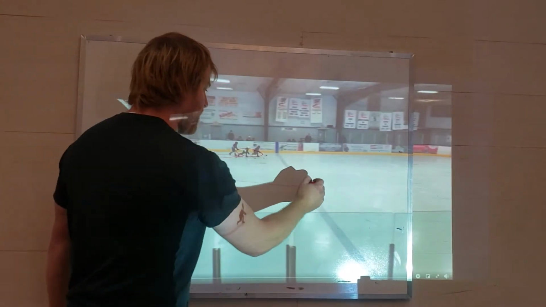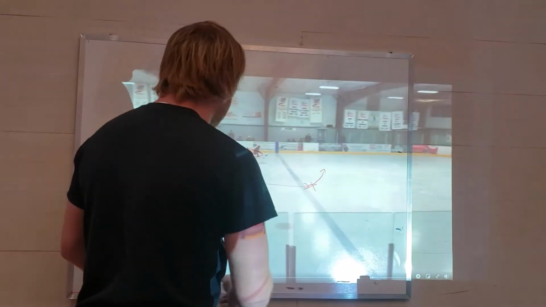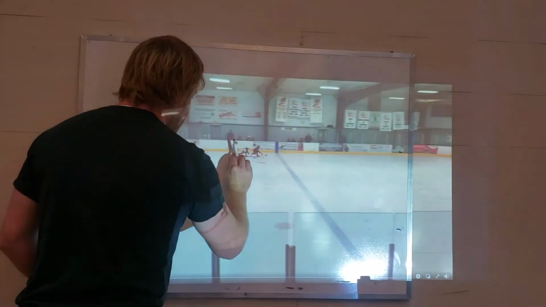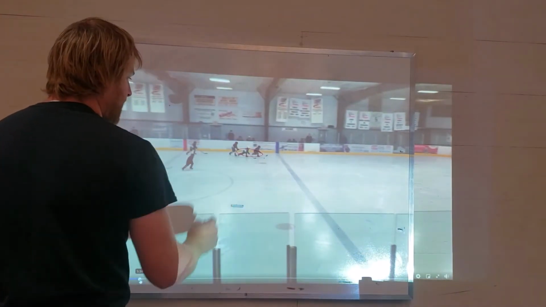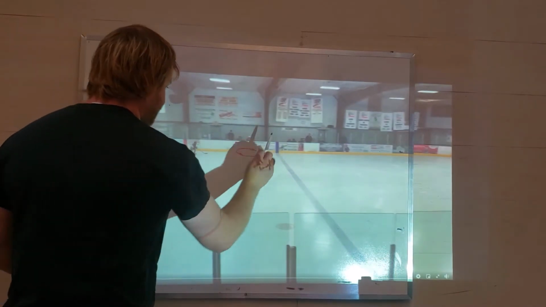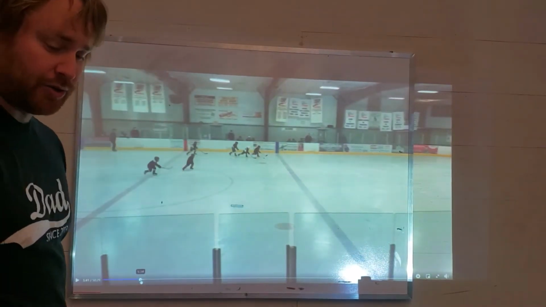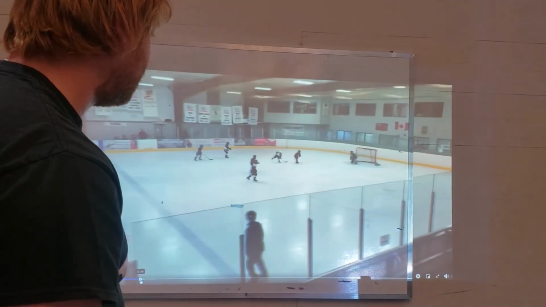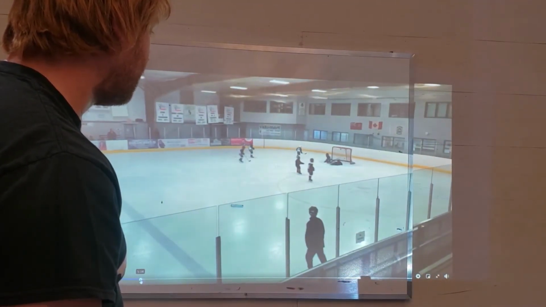And then you could have started kind of angling him off to the boards, okay? But because you puck chased, now you're behind him, okay? And not close enough to do really anything. And then he takes off. It was a good try.